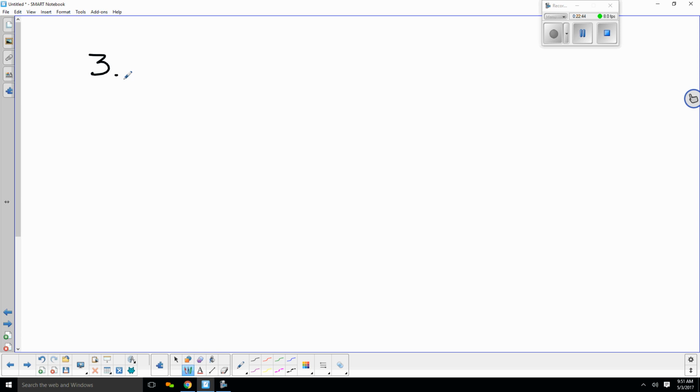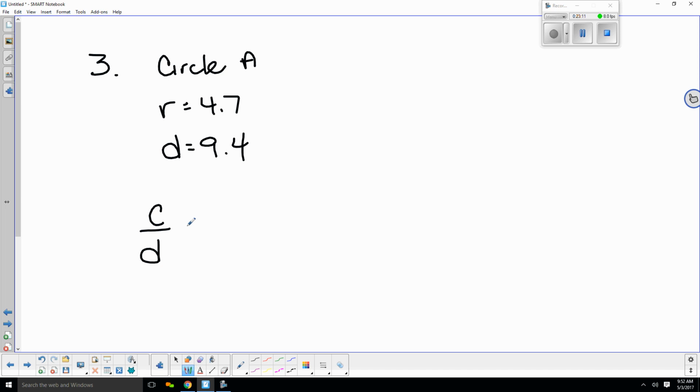Which circle will give Drew the best estimated value for pi? So here, all they're going to do is take the circumference and divide it by the diameter. Circle A: the radius was 4.7, so what's the diameter? 9.4. So I'm going to take the circumference and divide it by the diameter.